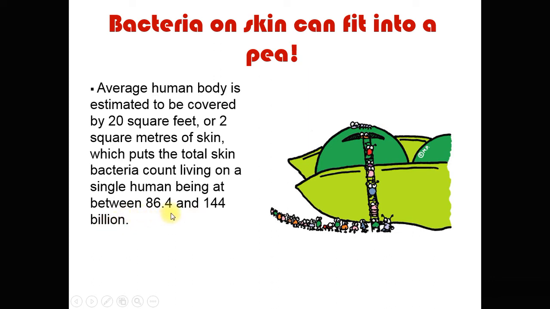Such a large number. But this large number can fit into a pea seed. So you can imagine how small a pea seed is, but this large number can fit inside it because these microorganisms are very small in size.